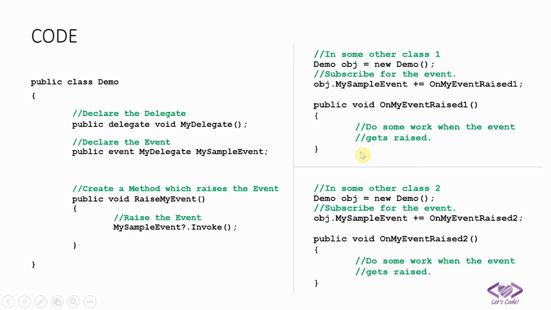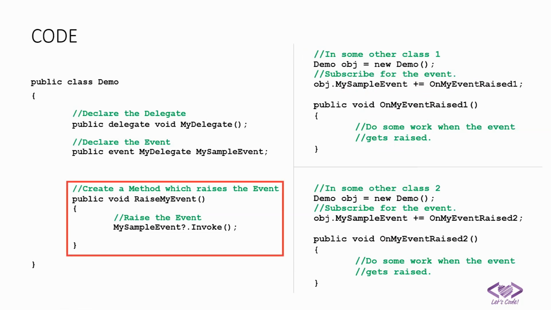Now when any class that is again using the Demo class calls this method, which is RaiseMyEvent, internally it invokes the event. As soon as the event is invoked, both these methods will be called. This is how a typical event works. The way you can subscribe, that is plus equal to, you can also unsubscribe by using minus equal to.